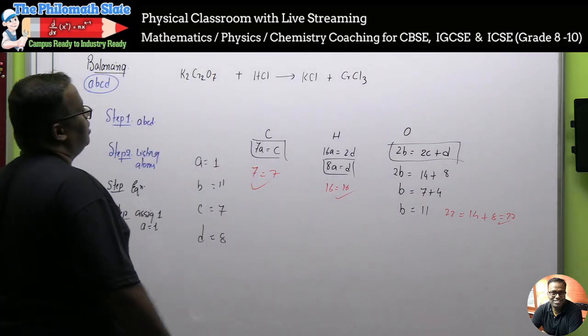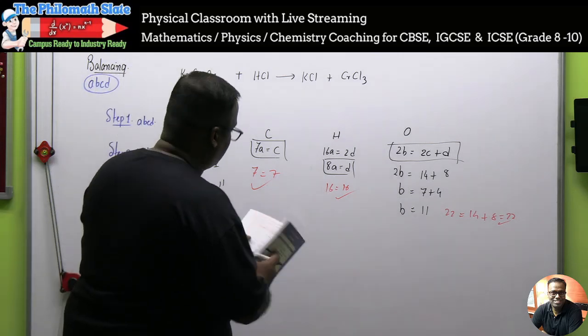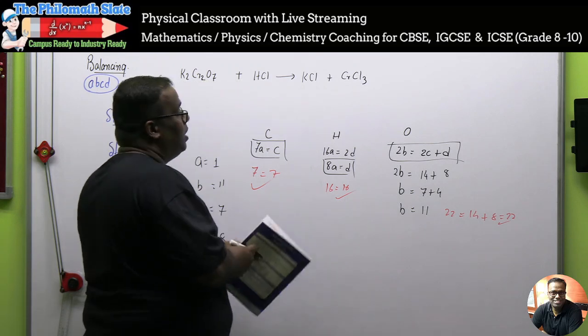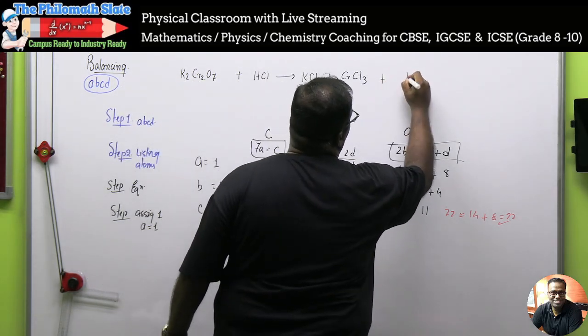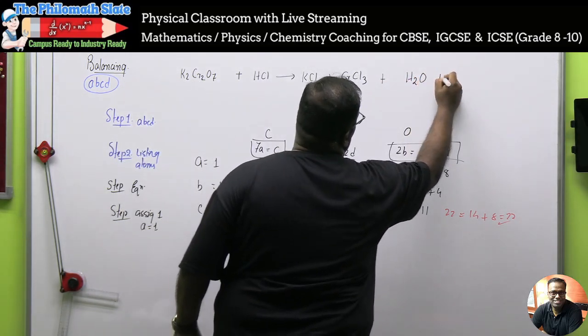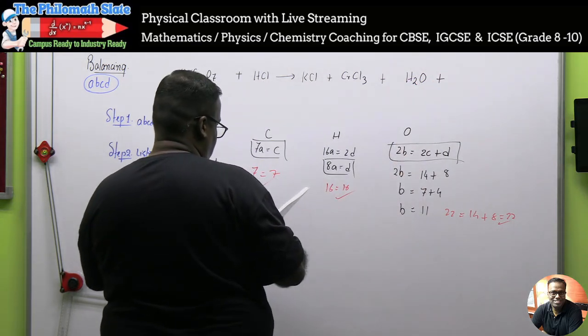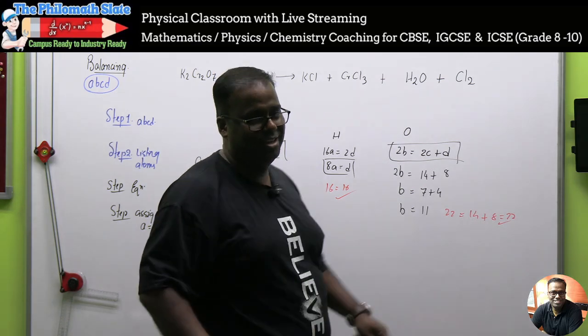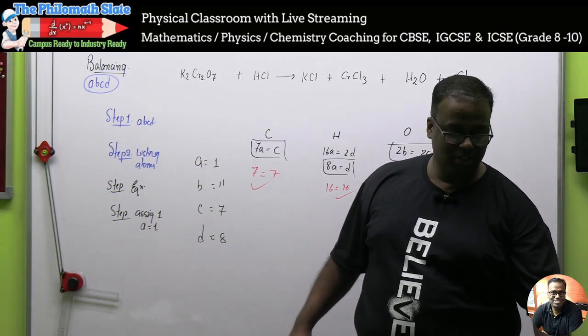K2Cr2O7 plus HCl gives you KCl plus CrCl3, chromium chloride, plus H2O plus Cl2. देख के दिमाग गर्म हो गया. इसको बैलेंस करना है. You go and give this in school.